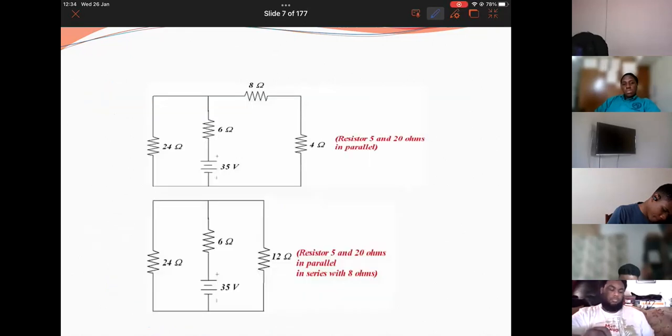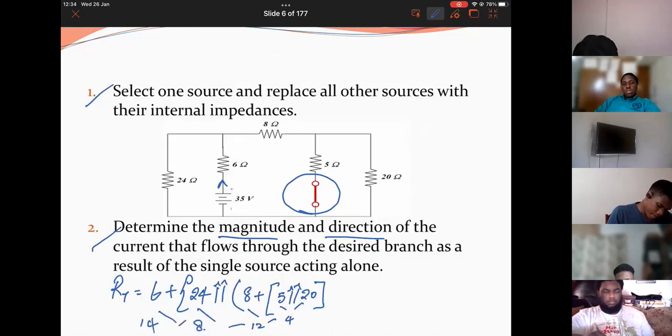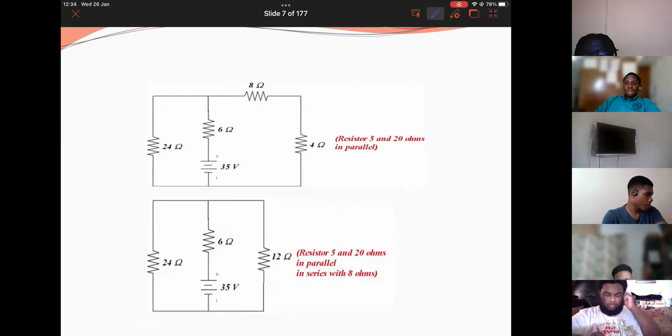So I did the circuit reduction. But because I have already introduced you to the resistance equation, we can kind of speed up on those steps. So we have here the 5 and 20 to give us 4, 4 and 8 to give us 12, 12 and 24 to give us 8.